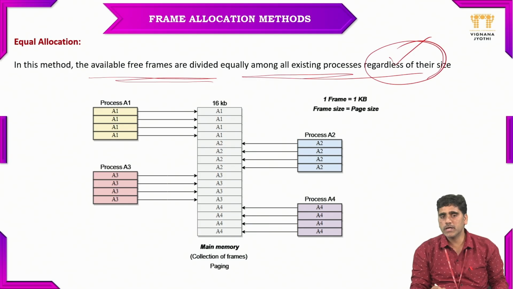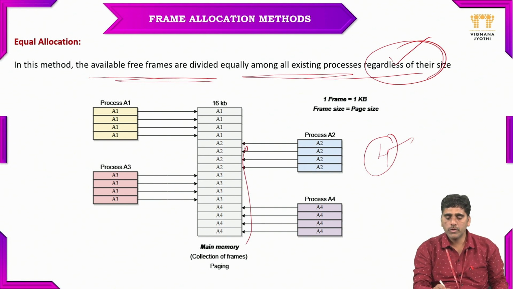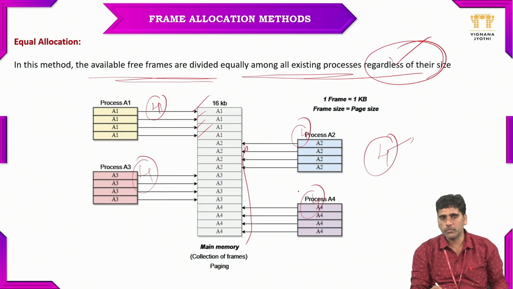Suppose you see this diagram: this entire 16 KB of frames, where each and every frame is 1 KB, so a total of 16 frames are available. The total number of processes is 4, and for all these 4 processes, we are equally dividing the number of frames. So 4 for process A1, 4 for A2, 4 for A3, 4 for A4.